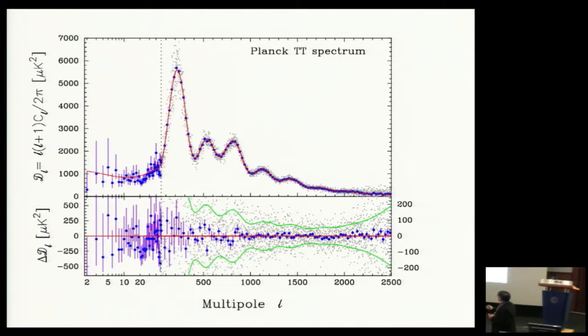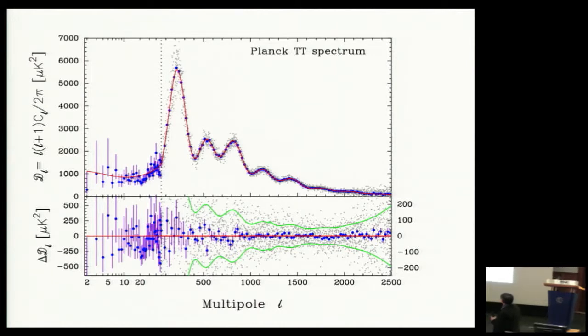That's up to L of 49. That's shown by this dotted line here. So this is a logarithmic scale here. And then the high L likelihood shown on a linear scale. It's composed, in this case, by selectively masking the sky at 100, 143, and 217. And all of the cross spectra at those frequencies.